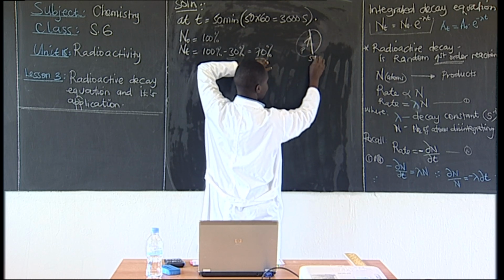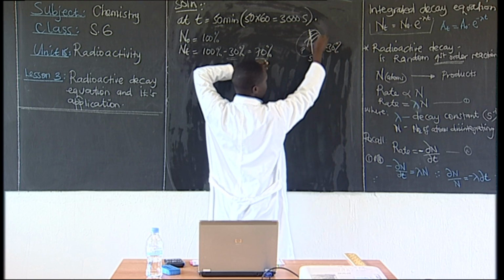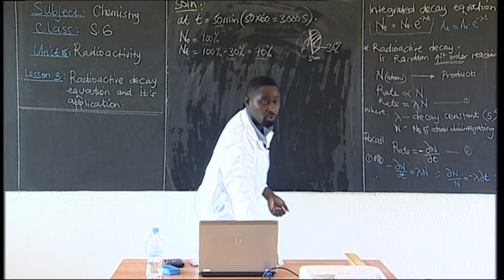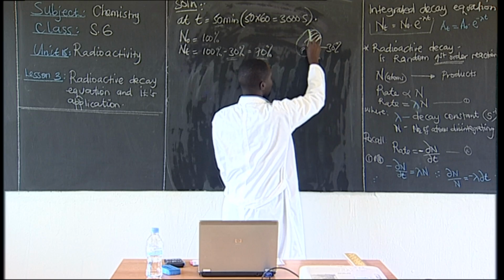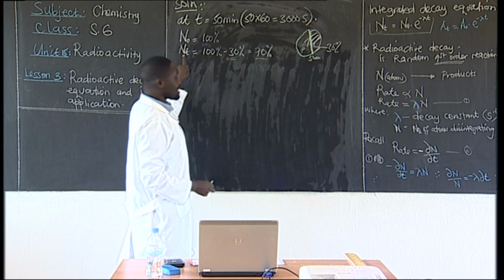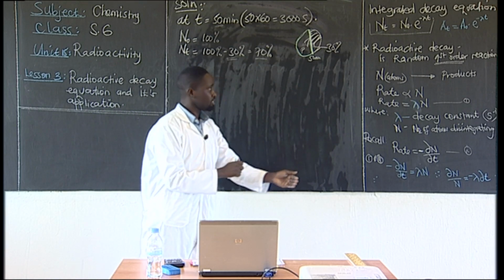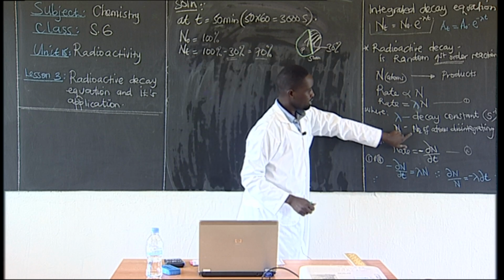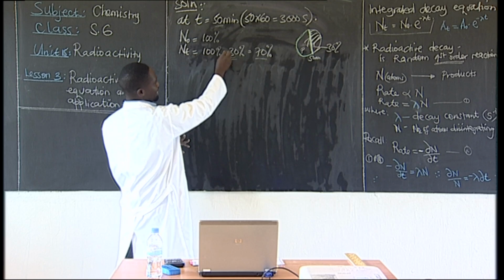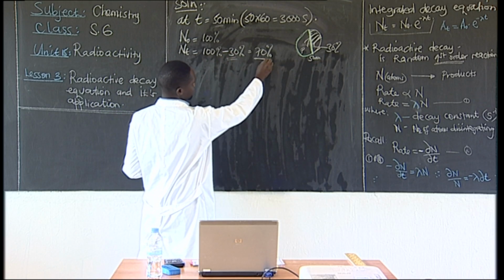After 50 minutes, 30% has disintegrated. You see, this part has gone out. So what do we remain with? We shall remain with what you had minus 30. This NT implies the amount present. It is not implying what has disappeared. Remember? So, in this way, it becomes 100 minus 30, which is 70.